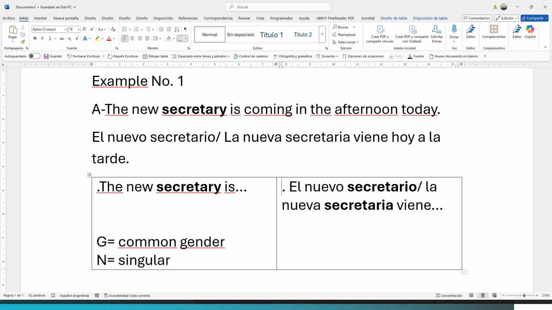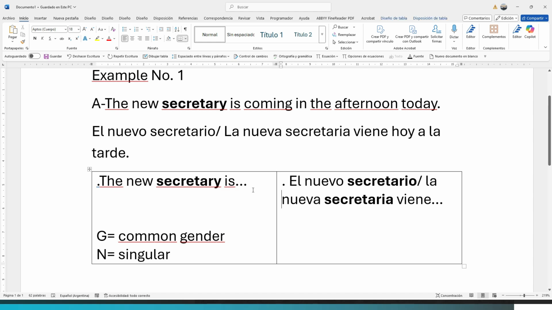We do not have determiners, we do not have proper nouns, we do not have professions, jobs, etc. In Spanish, so we have el nuevo secretario, la nueva secretaria. Gender, male gender on the one hand, female gender on the other.